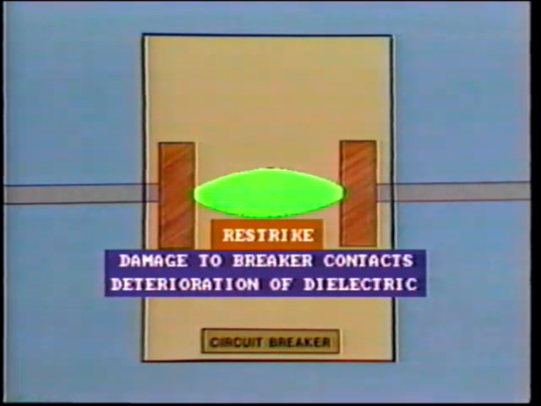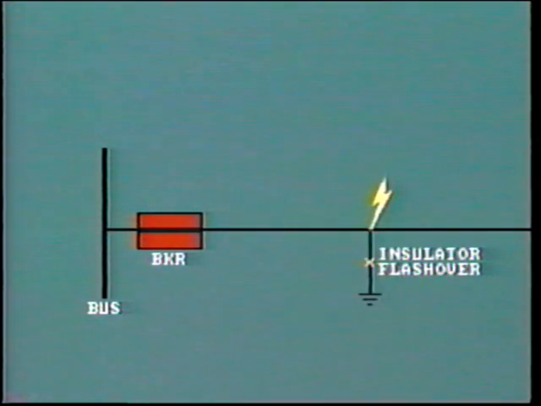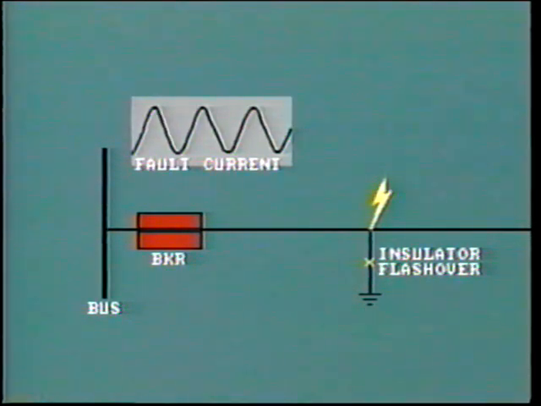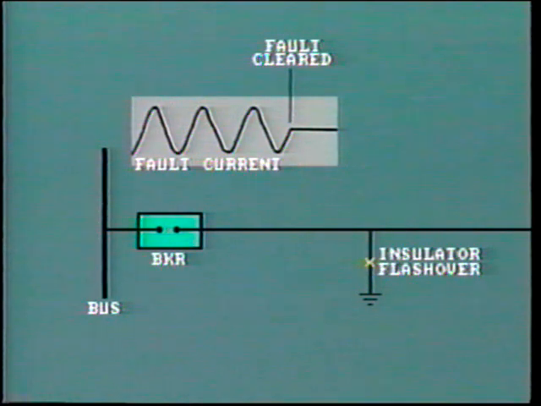But how can this happen? Well, here's one way. A lightning strike to a phase conductor flashes over an insulator, causing a single line-to-ground fault. The breaker at the substation successfully clears the fault, but a very short time later, perhaps a few cycles, there is a second strike to the line.